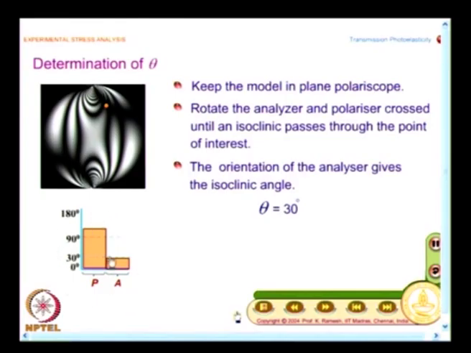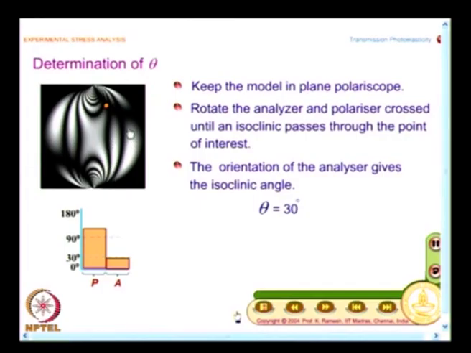You will always find the angles of polarizer and analyzer are separated by 90 degrees, indicating that they are crossed, and we have stopped this crossed position when the analyzer has reached 30 degrees and the isoclinic has passed through the point of interest. So, the value of theta at this point, after looking at the analyzer, is 30 degrees, and it is simple.